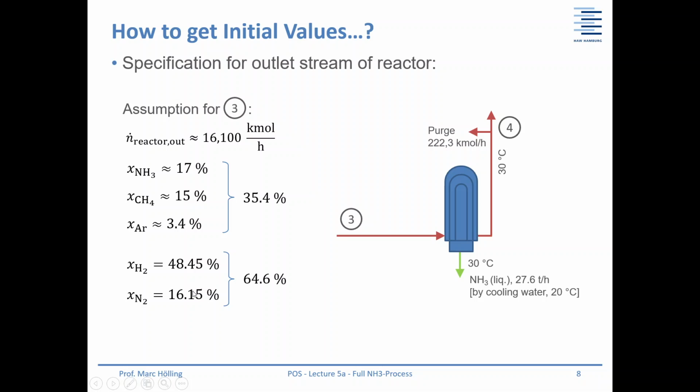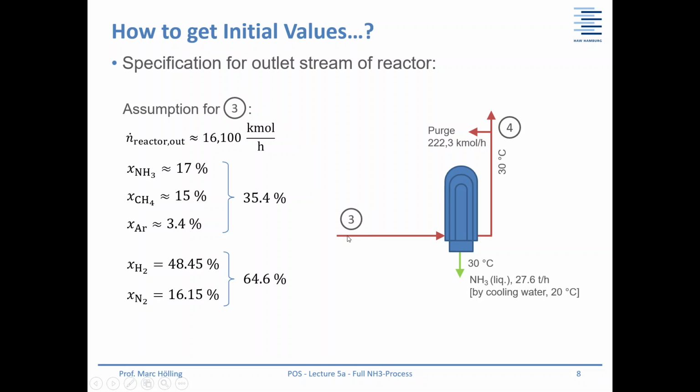For ammonia production we need a ratio of 3 to 1, so we divide 64.6 by 4, which is 16.15, and 3 times 16.15 is 48.45%. So with this, we have our initial values for our simulation.